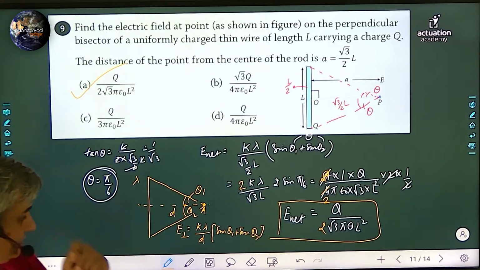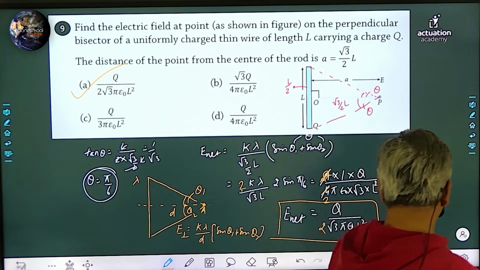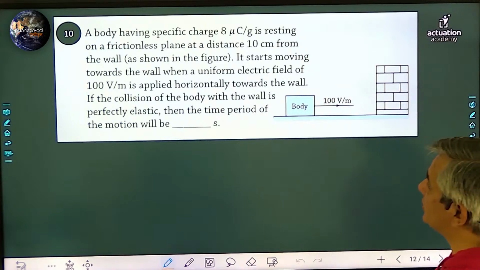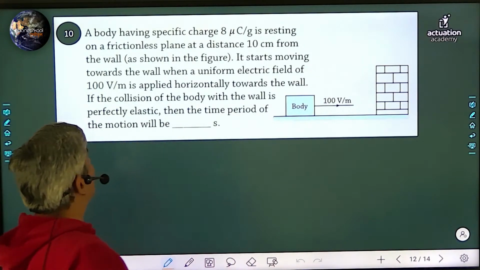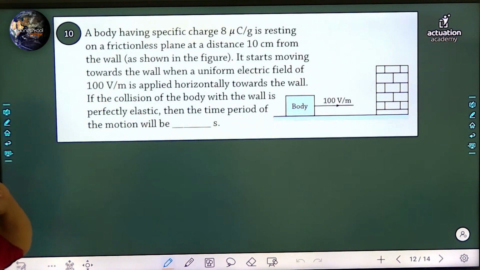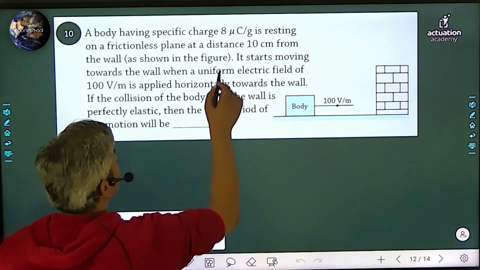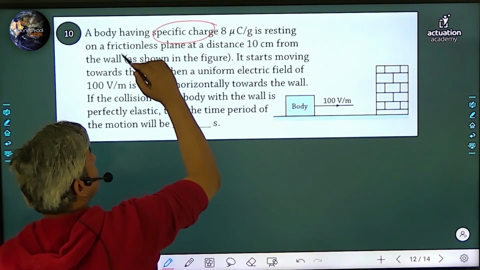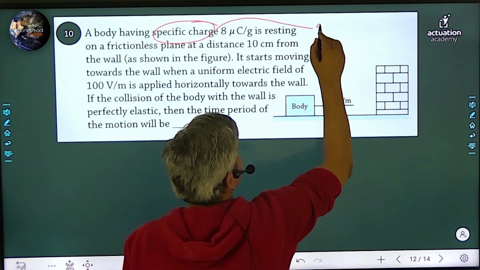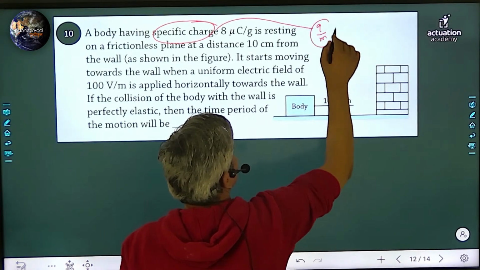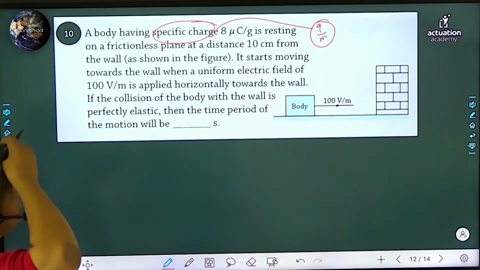Okay, now let's move to question number 10. Here it says that a body having specific charge 2 microcoulomb per gram. So specific charge, this term is charge per unit mass. This quantity is known as specific charge.